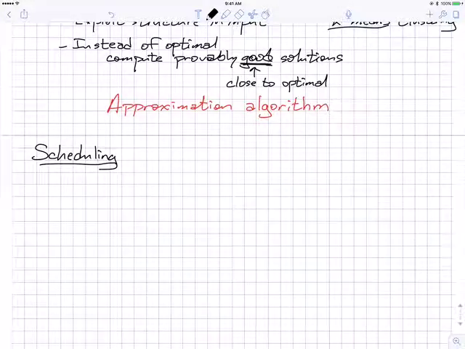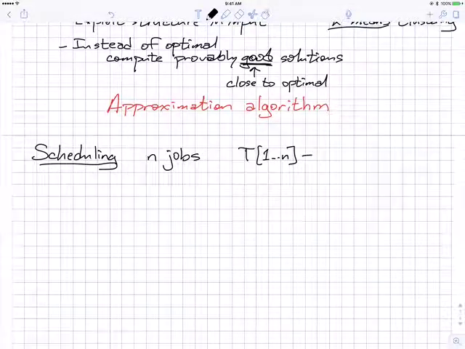And intuitively, what I'd like to do is get all of the jobs done as quickly as possible. Okay, so I have n jobs. And I'm going to imagine that really what I'm given is the running times of these jobs in an array.